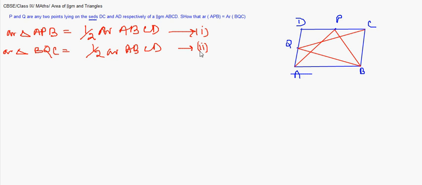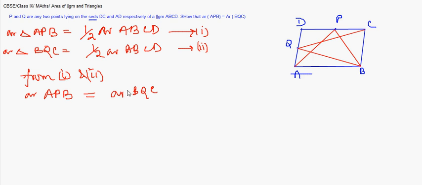Both of them are equal to half area ABCD. Therefore from equation 1 and 2 we can say that area of APB is equal to area BQC. So we would have reached our proof. That was pretty simple. Thank you.